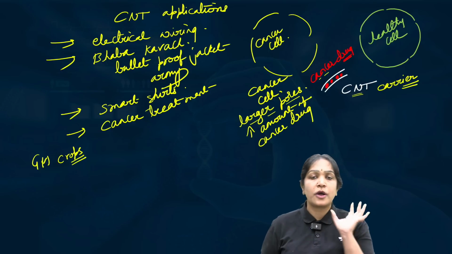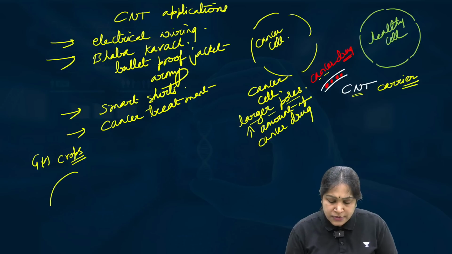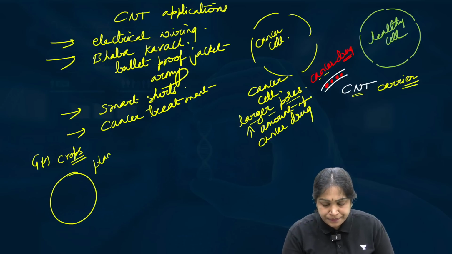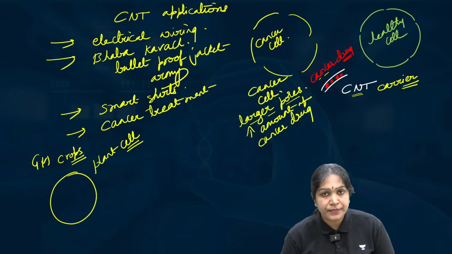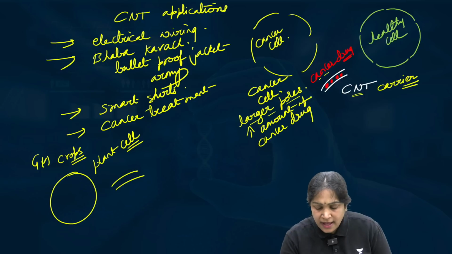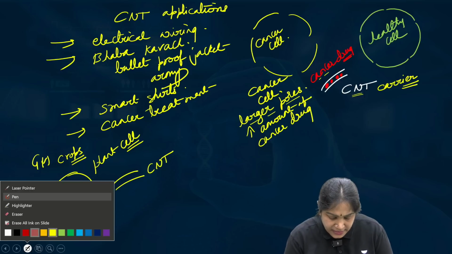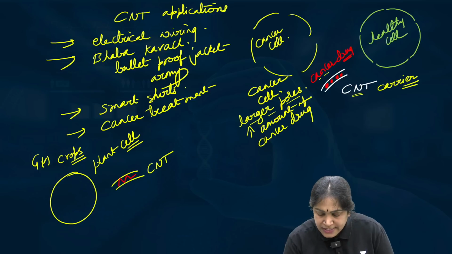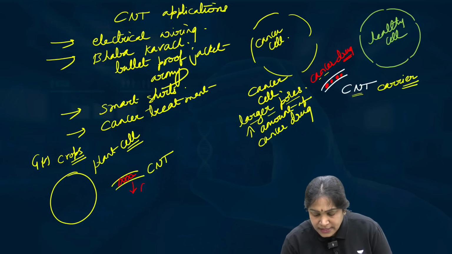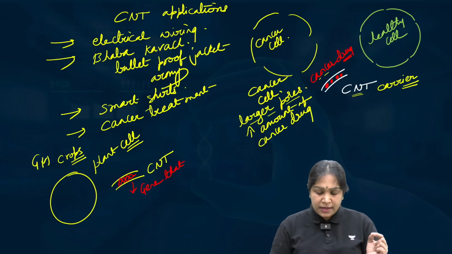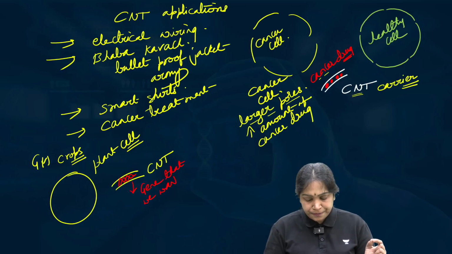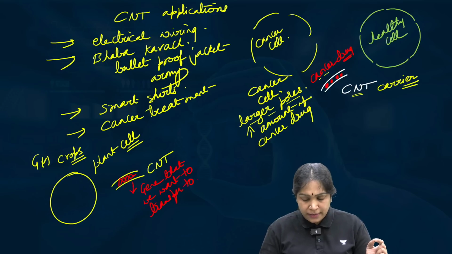Genetically modified crops. Now let us suppose this is a plant cell. Now what we are doing, this is a carbon nanotube. In this we are keeping the gene that we want to transfer to the plant cell.